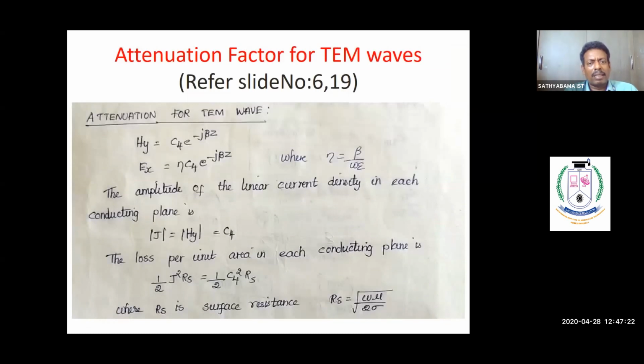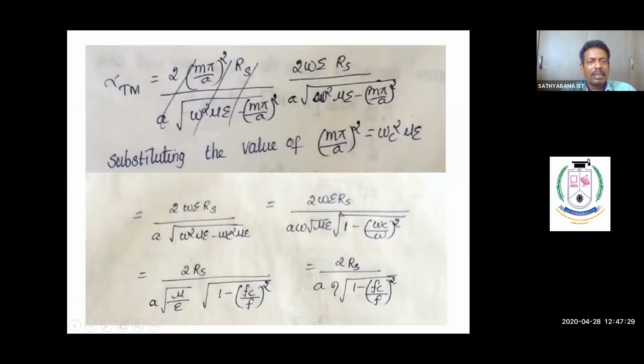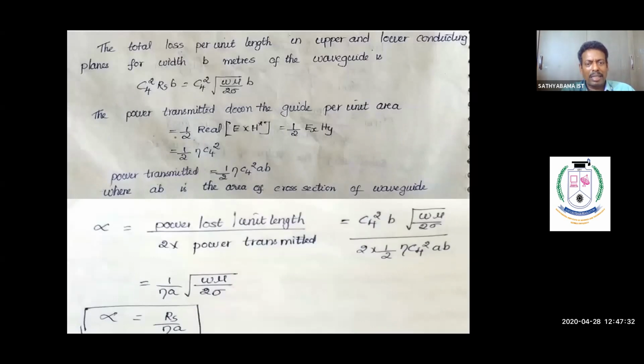Then look at the attenuation factor for TEM mode. It is more simplified because there is no component of Ez or Hz in the direction of propagation, and you have only the Ex component and the Hy component, that's all. So the expression is very simple. It is finally 1 by mu a root of omega mu by 2 sigma.